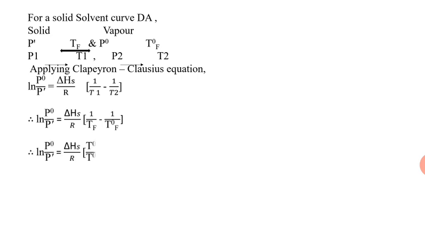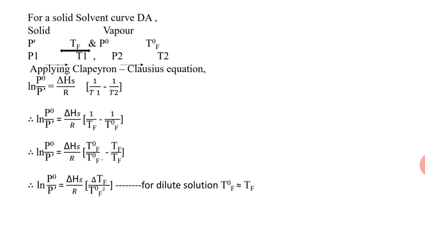Now cross multiplication: T0F minus Tf upon T0F into Tf. Now the subtraction between T0F and Tf, the difference between these two temperatures, is nothing but the depression in freezing point, that is delta Tf.